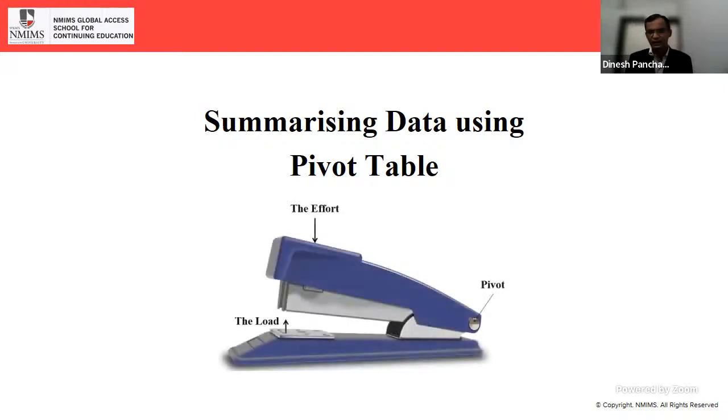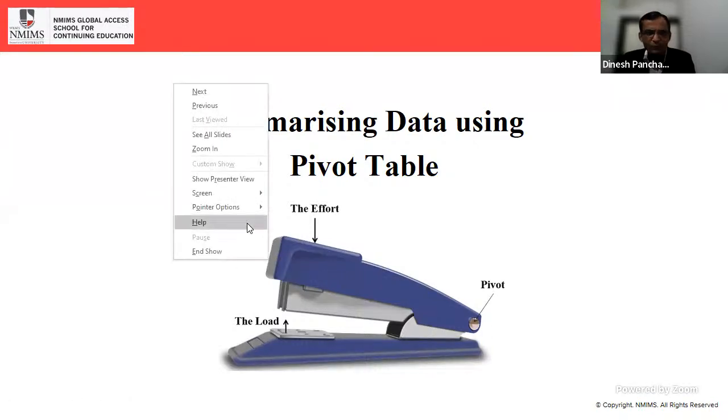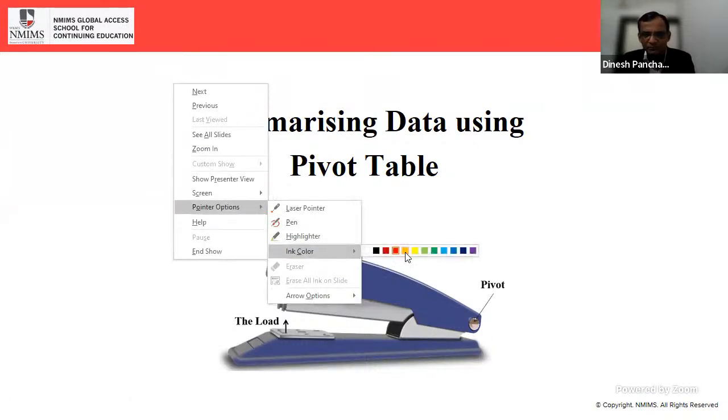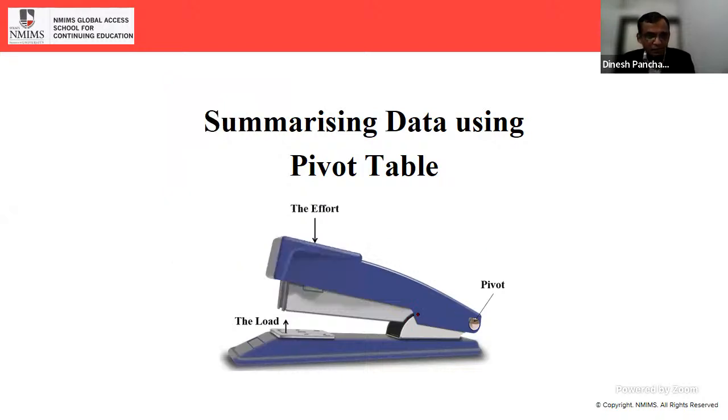The pivot, in our day-to-day life, we have seen the pivot in the stapler. The stapler's arms, this upper arm and the lower arm, are pivoted at this point. So what does the pivot do, friends, in the stapler? Basically, the pivot constrains the motion of this particular arm, right? Since this arm is pivoted at this point, we can predict that this arm is going to move in this direction only.